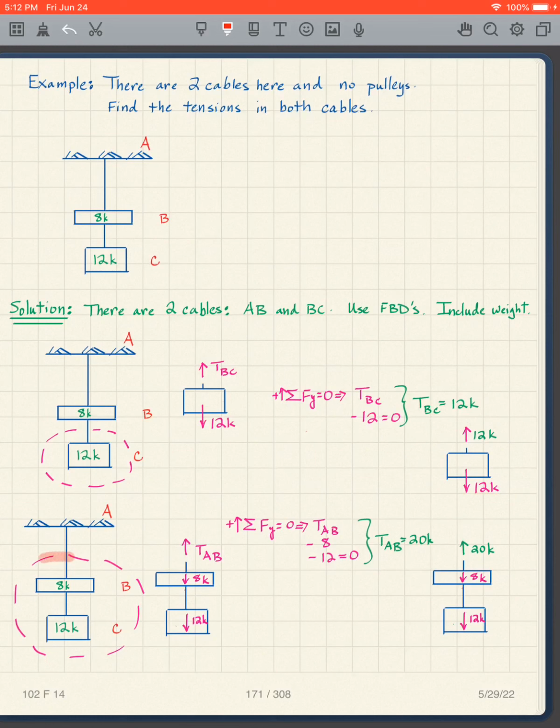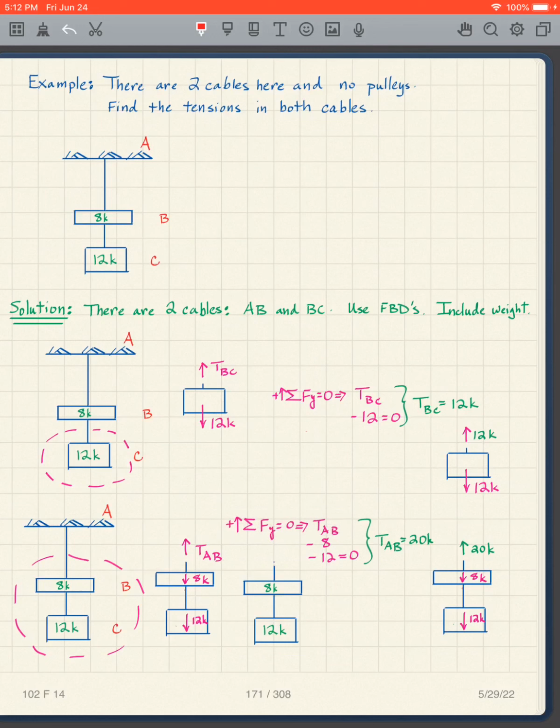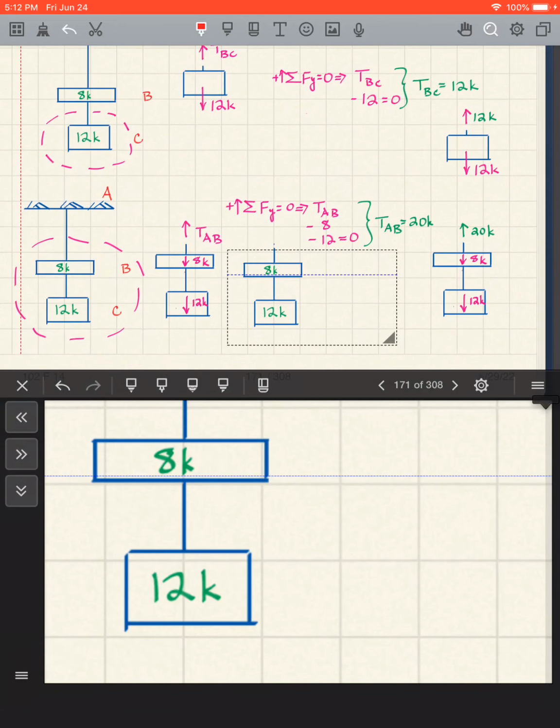I take another free body diagram here. Again, I do my copy and paste. Looks like that. Copy, paste. Again, I get my free body diagram that looks like that. And again, I have to add my weights on here.